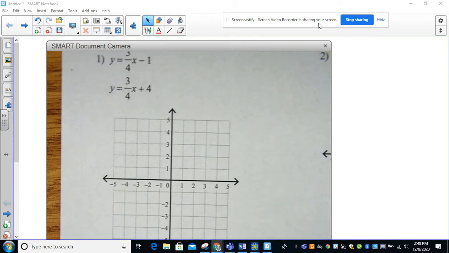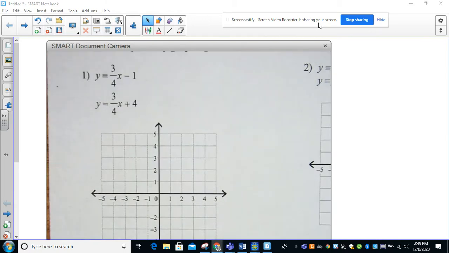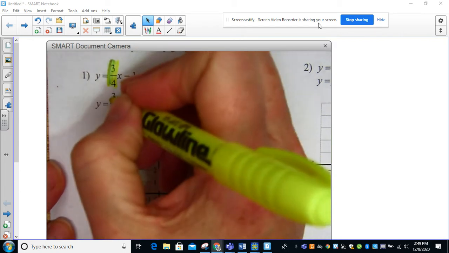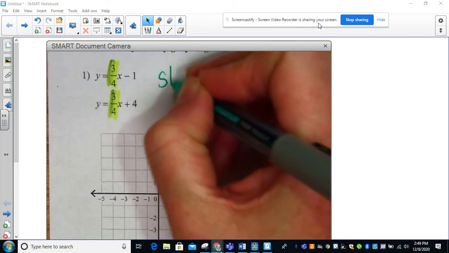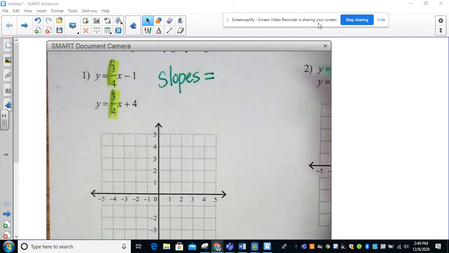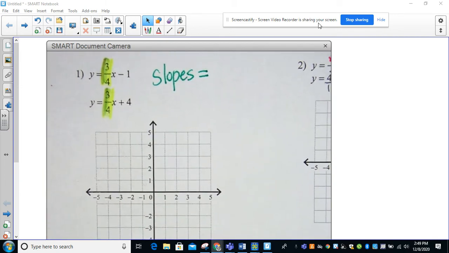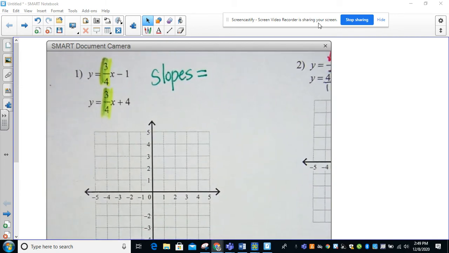Now, if we look at this one, I notice something right away. I notice this and this. These two both have a slope of 3/4. So when the slopes are equal, when are they ever going to touch? They're not.